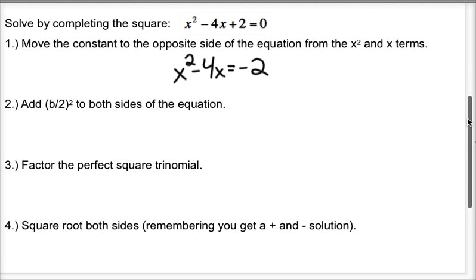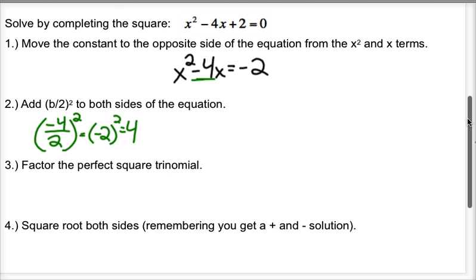Next, I'm going to add that b over 2 squared to both sides of the equation. So my b is -4. So I have -4 divided by 2 squared. So that's going to be -2 squared, or just a positive 4.